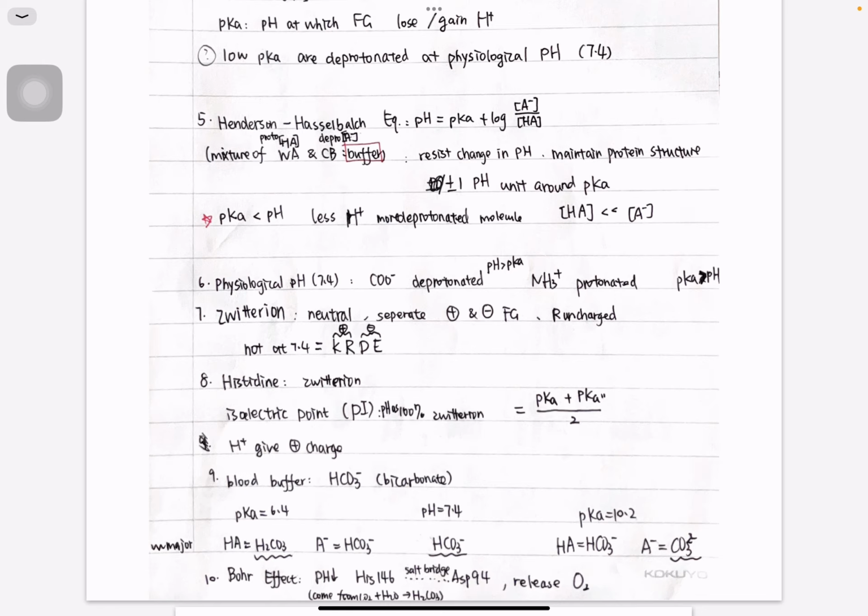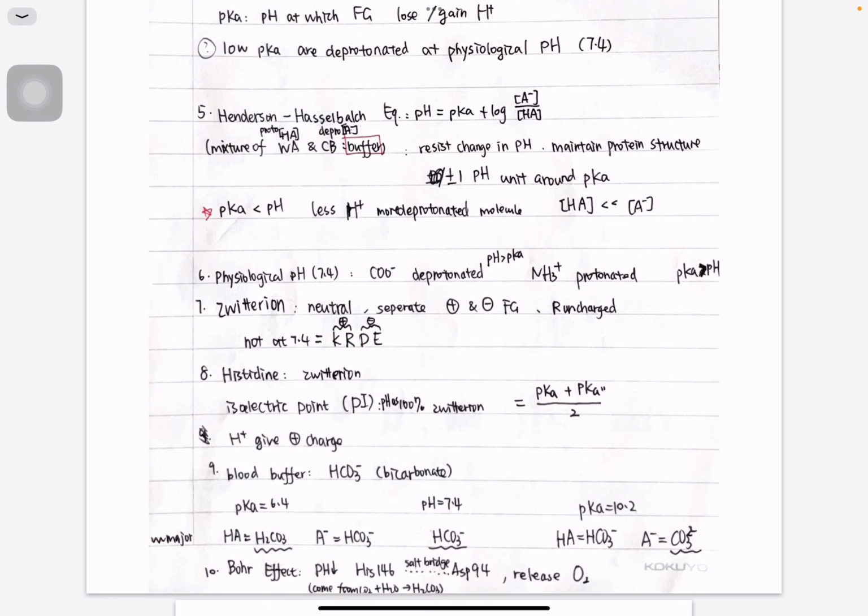But for the ammonium, we know the amino group's pKa is really high, so the pH will be lower than their pKa, so they want to gain a proton. So this is a protonation reaction. And the zwitterion is the neutral molecule that has separate positive and negative charges on its functional groups, but its net charge is 0.